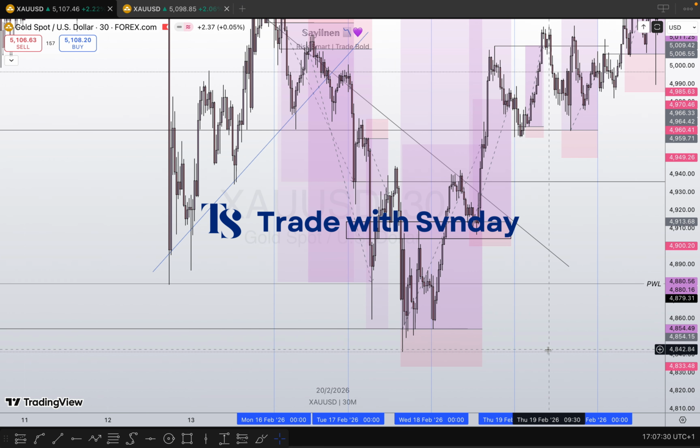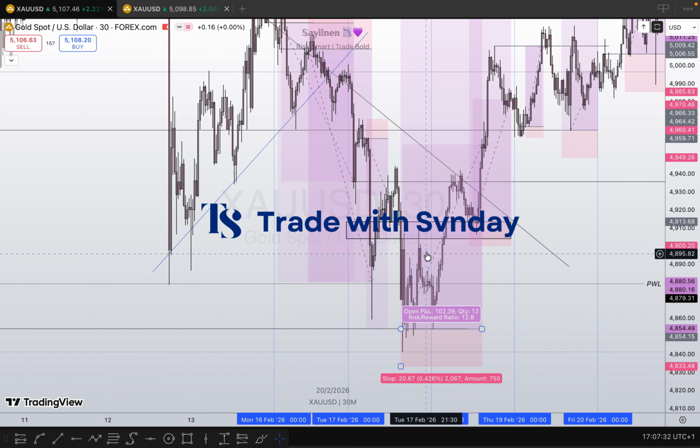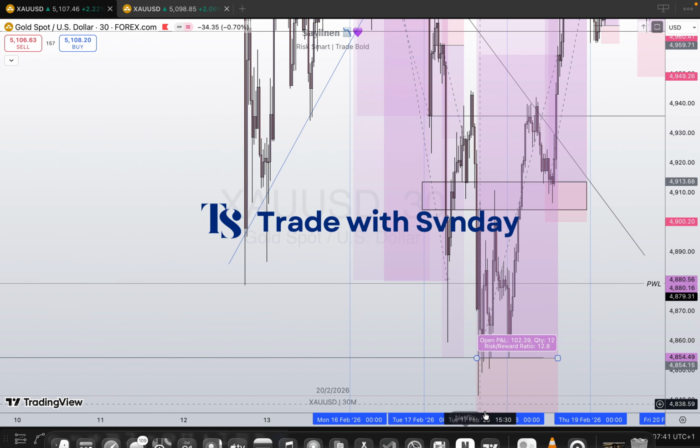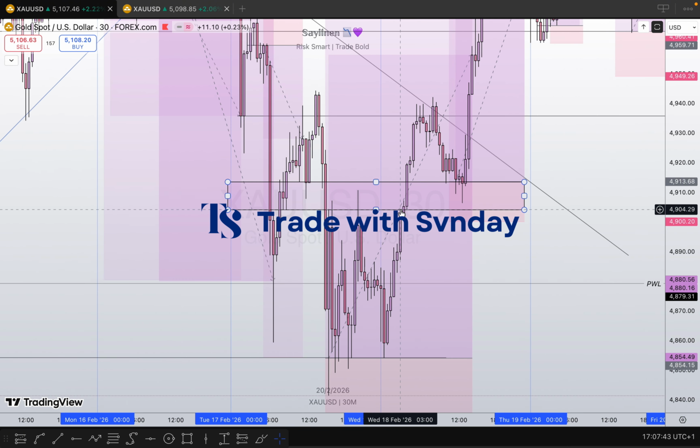key entry models. So you could see what happened from this level here. Price came back into the discount, the premium level here, and tried to sell off. But then after price tapped back into that order block again, we could see a very bullish move that closed above this point. And you could see I marked out a rectangle at this level. I will be wondering what exactly I was marking out at this point.